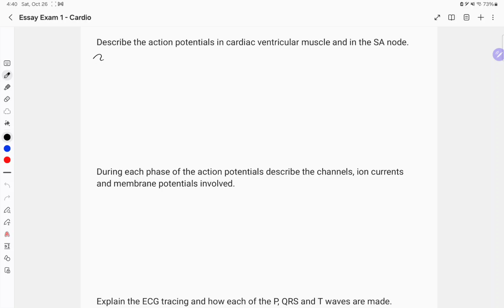Okay, so first of all, we have our autorhythmic cells, and then we have our cardiomyocytes.